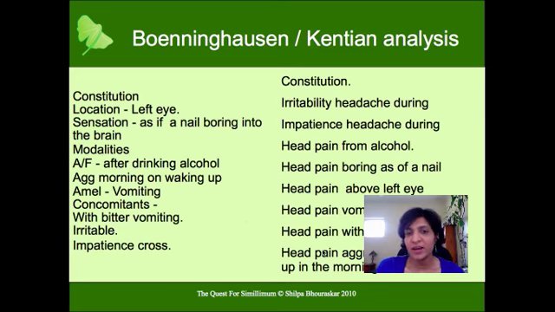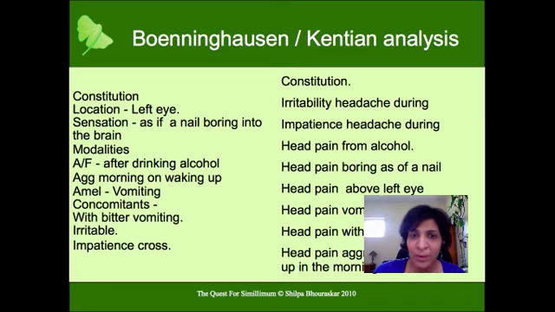Now let's look at the Kentian analysis, which is on the right side here. Now in the Kentian analysis, you are not generalizing. You're using every symptom as it is in a particular patient. So you are actually combining two or more different components which you separate out in the Boenninghausen analysis. So in this case, the mental generals or the mental particulars are quite highly graded in a Kentian analysis, below which come the physical generals and then the physical particulars.